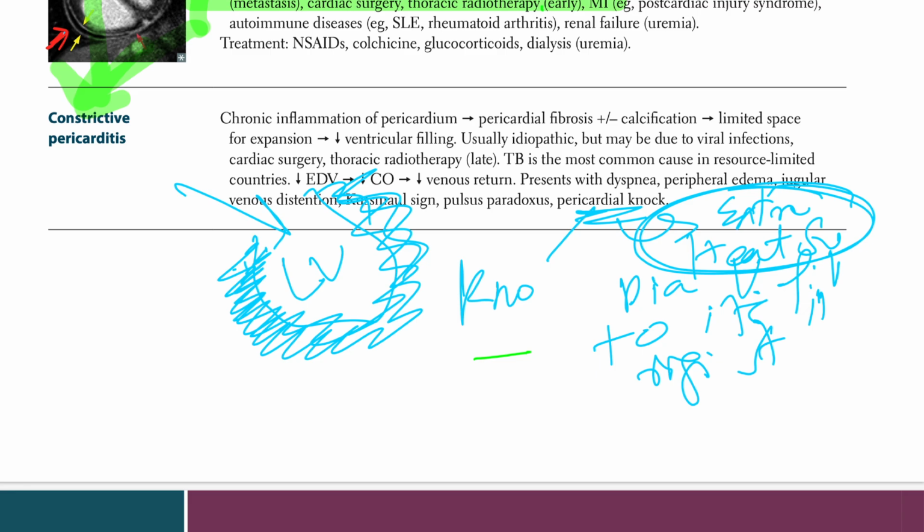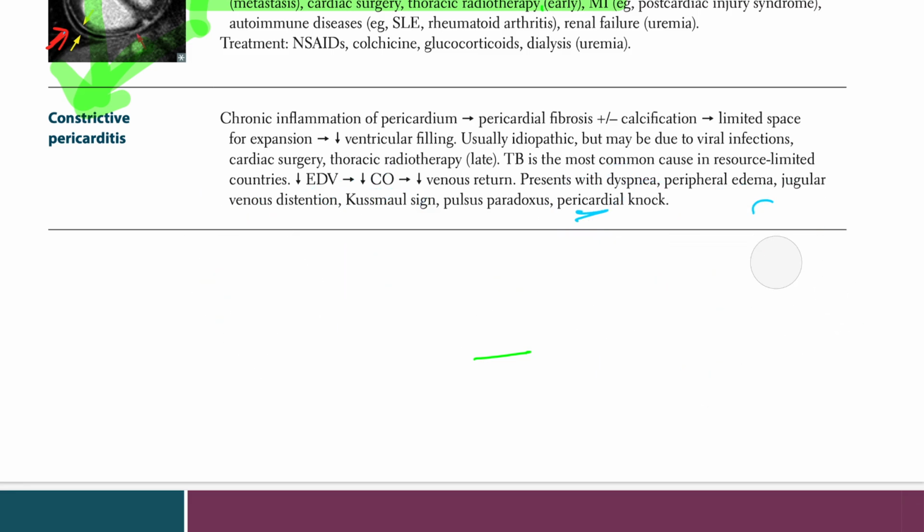Hard sound is like a knock, and that is called pericardial knock, due to the fact that you have a stiff pericardium, and when the left ventricle hits the pericardium, it forms a sound known as a knock. Okay, and that is all for this one.